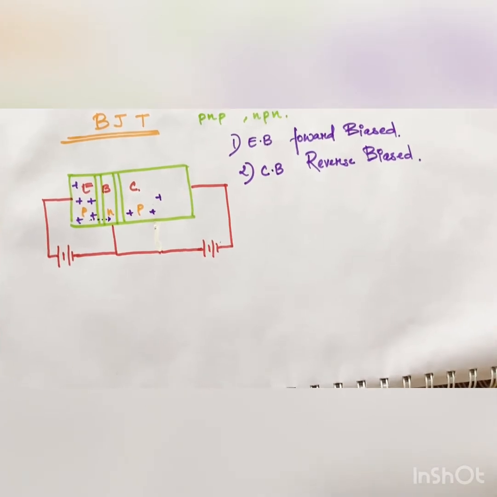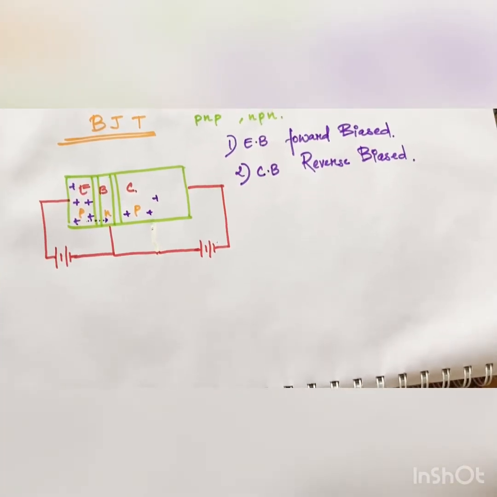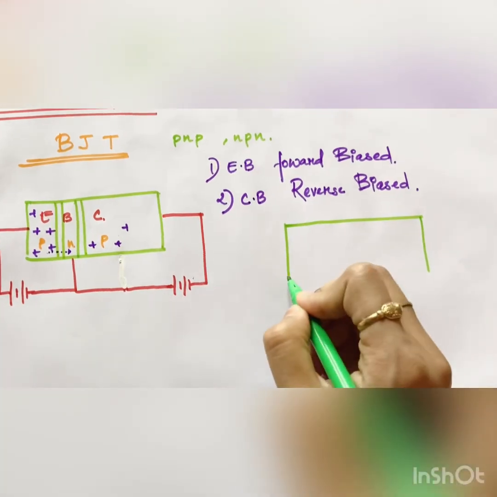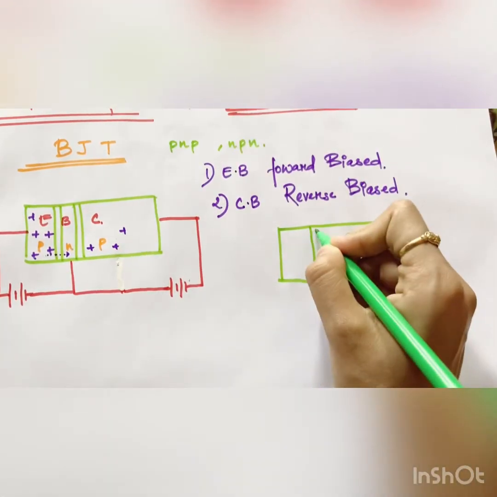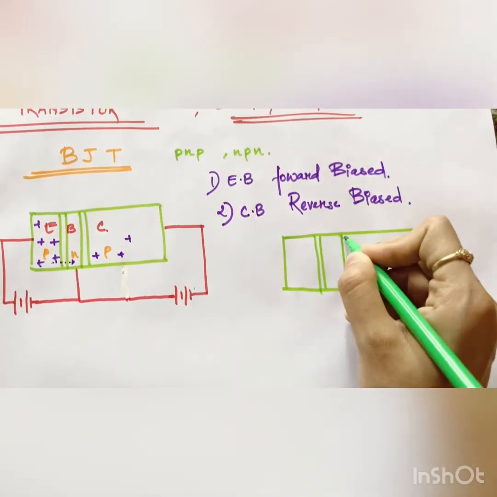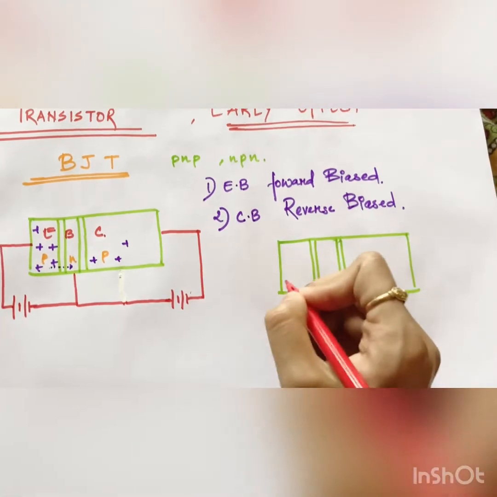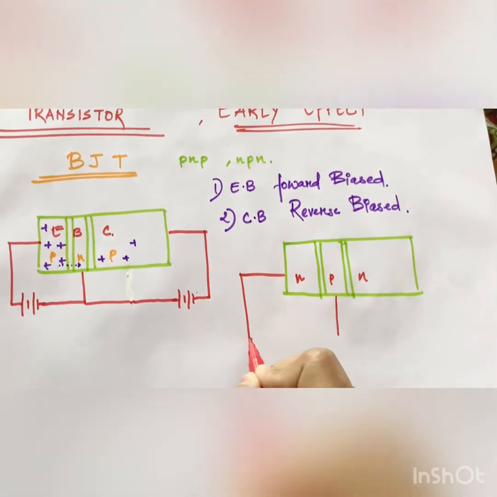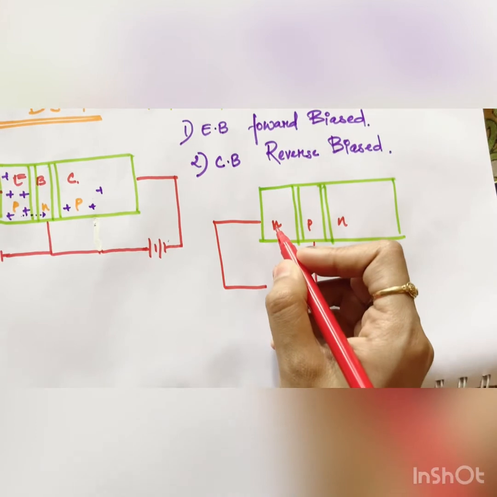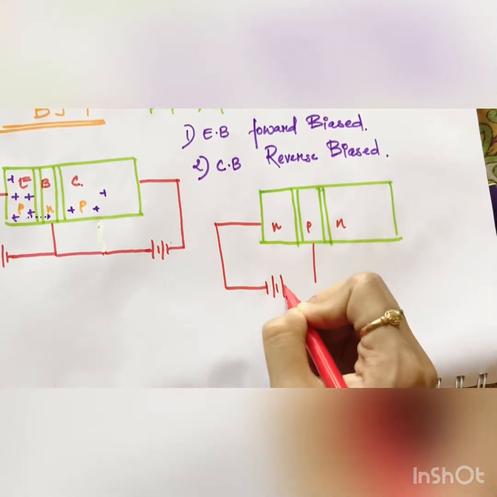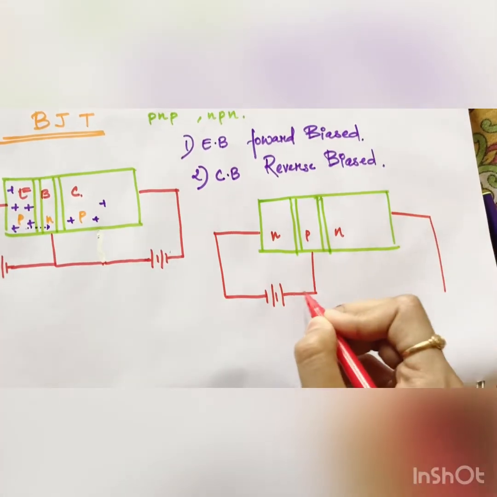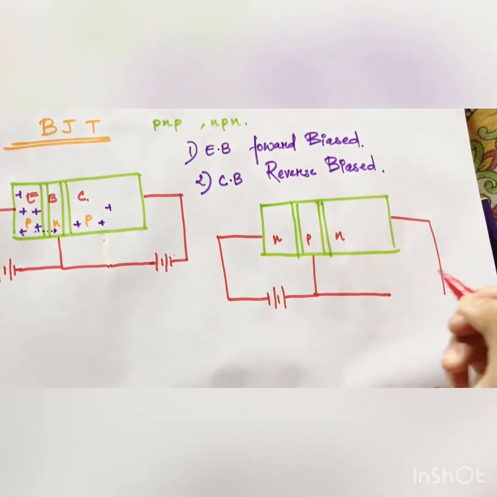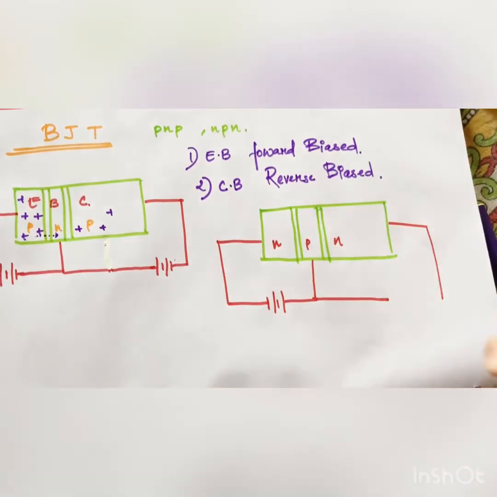In a PNP transistor the holes are the majority carriers, and similarly in an NPN transistor, the emitter base junction is always forward biased, and the collector base junction is always reverse biased.